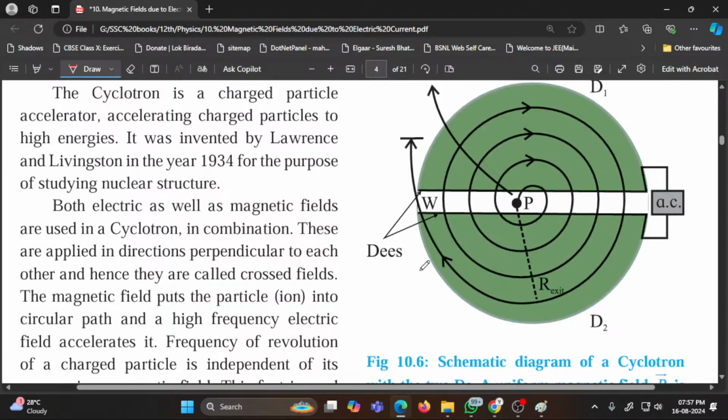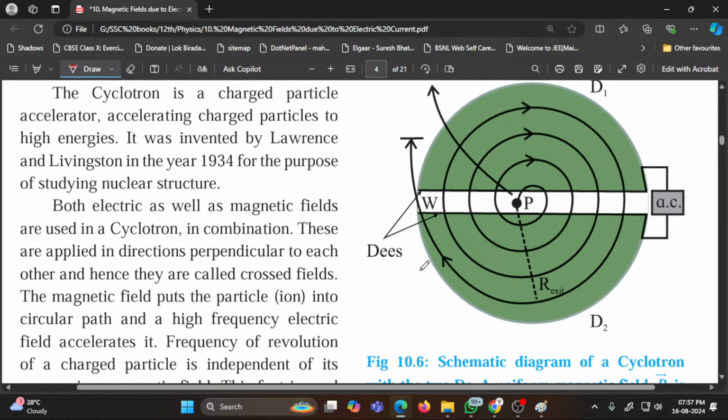The cyclotron is a charged particle accelerator, accelerating charged particles to high energies. It was invented by Lawrence and Livingston in the year 1934 for the purpose of studying nuclear structures.